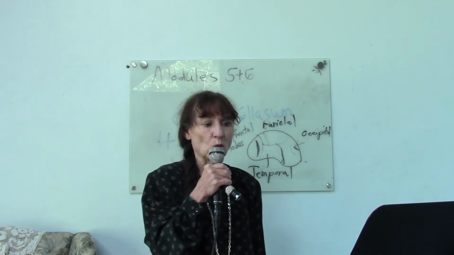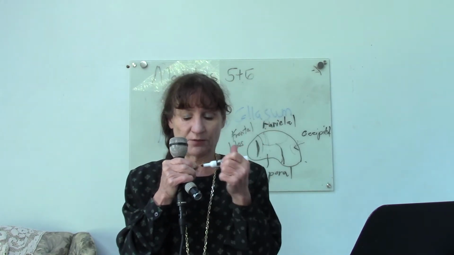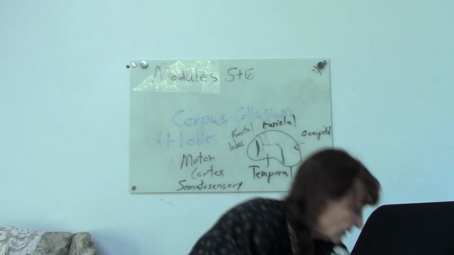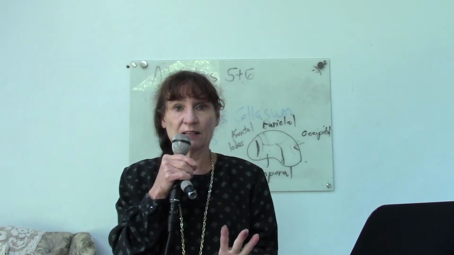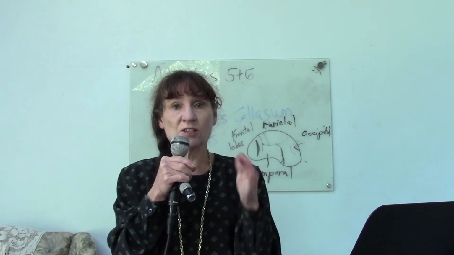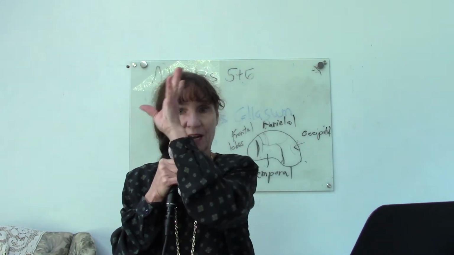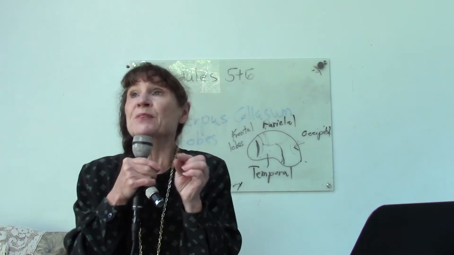I want to give you one quick example of how the left and right hemispheres have differences. I'm left-handed. So that means that the information from the left part of my body is interpreted in the right hemisphere, with the exception of speech.